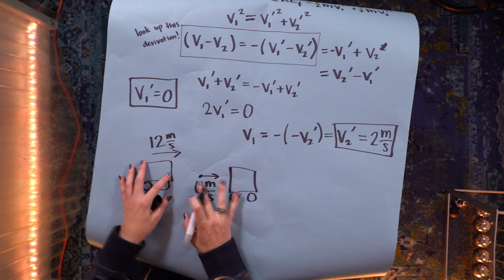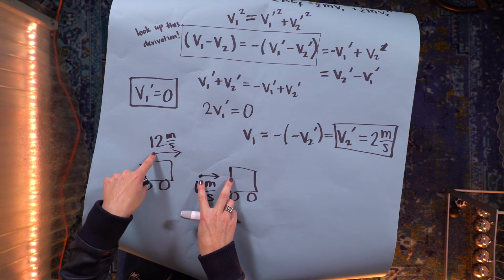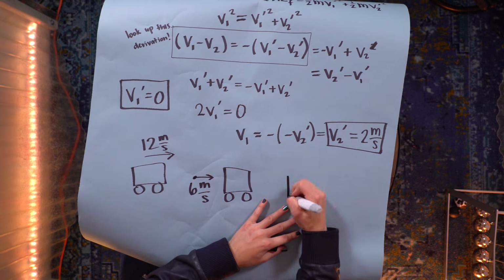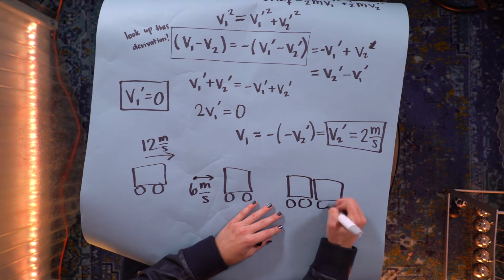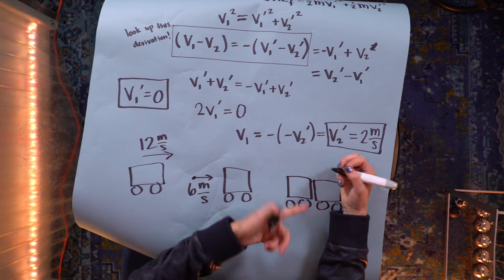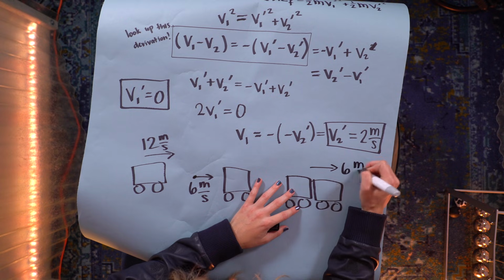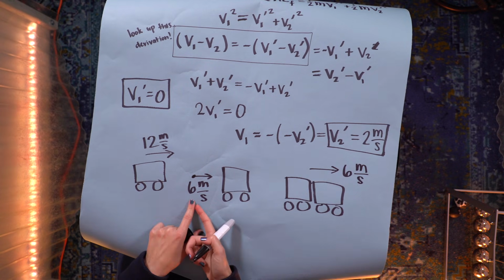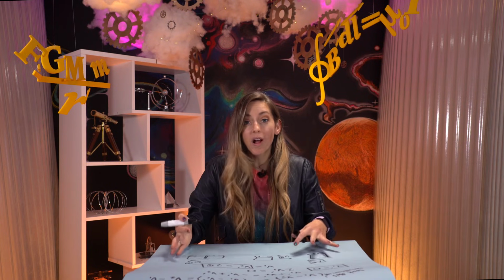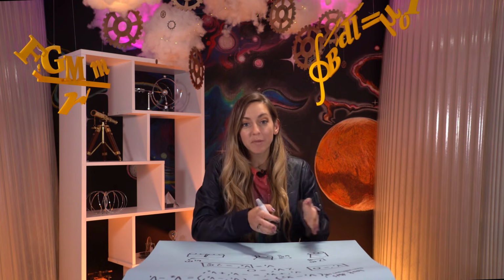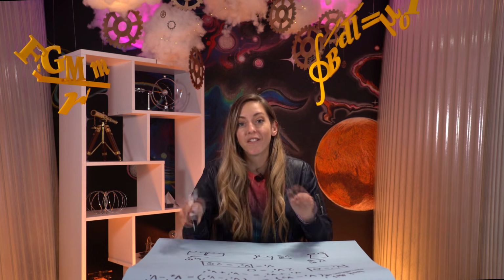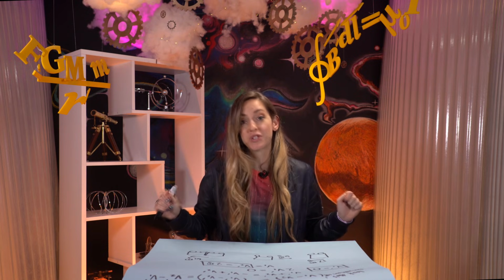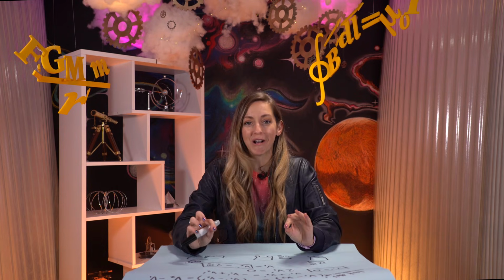So the halfway distance is going to shrink at half of the speed of the full distance. But after our collision, when the two trains stuck together, you may recall they were going 6 meters per second, which is the same as the center of mass of our system. So during this whole process, the center of mass of the system kept moving at the same speed and never stopped. And that's always true. And that is just a fundamentally awesome idea.